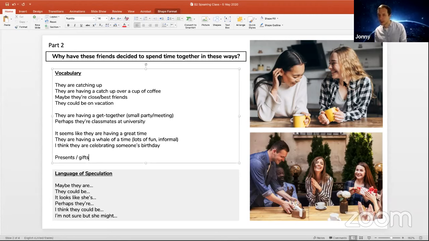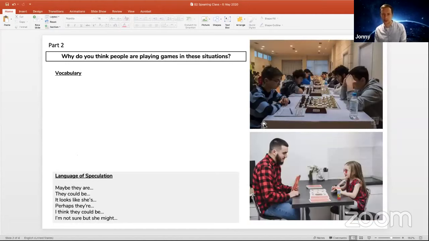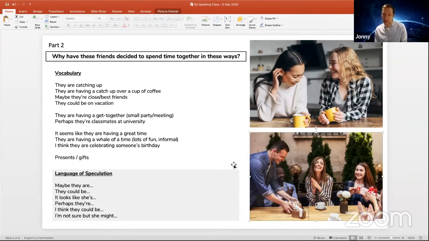Marmin says, in the second photograph, a group of friends, they are playing board games. Marmin, I wonder if you're looking, are you looking at this second one? I don't know. This one, maybe I don't think they're playing board games. I think it's a birthday, because we've got a birthday cake here and some presents.